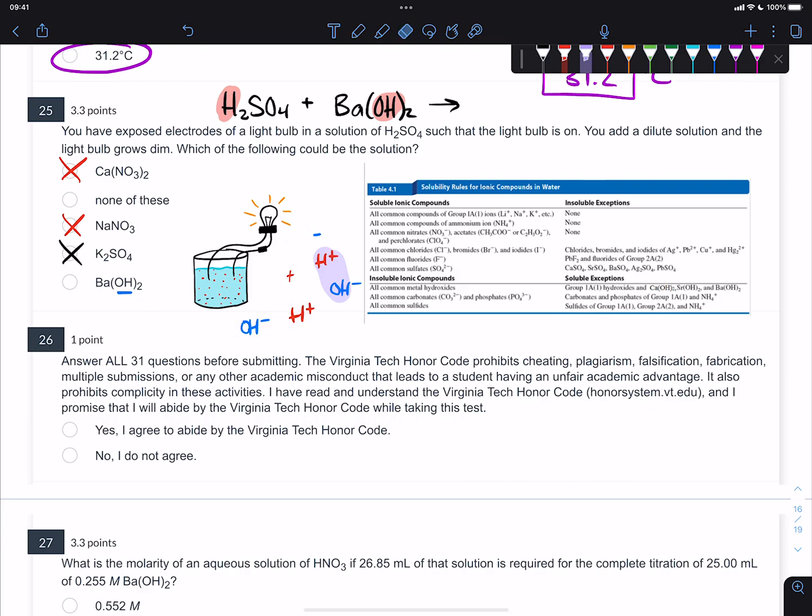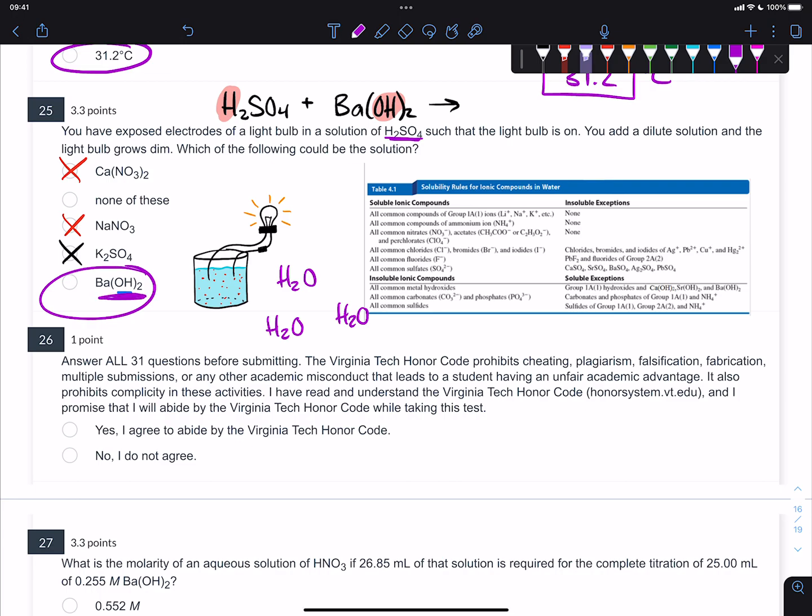There's going to be some amount of neutralization, and that's why your light bulb is going to get dimmer if you add some barium hydroxide. You have an acid and you're adding a base, and you cause some neutralization, in which case you create water rather than more ions. So that's why that's your answer for number 25.